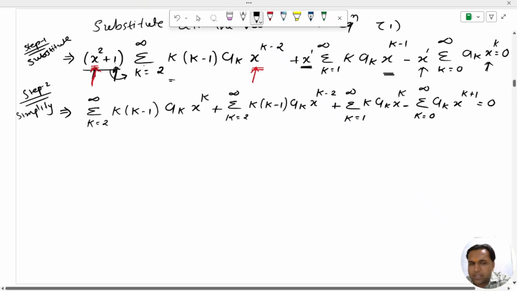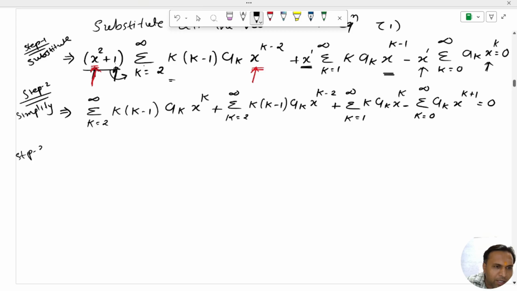Now what is my step 3? My step 3 is you have to make the same power, x raised to k. You have to convert everything to x raised to k. Here x raised to k, no need to change.